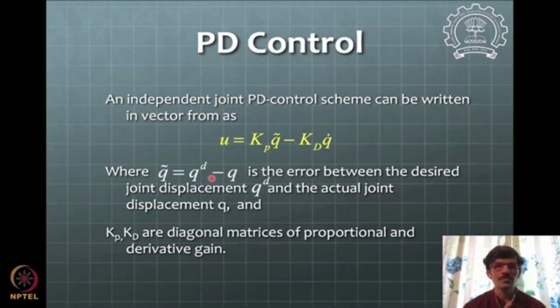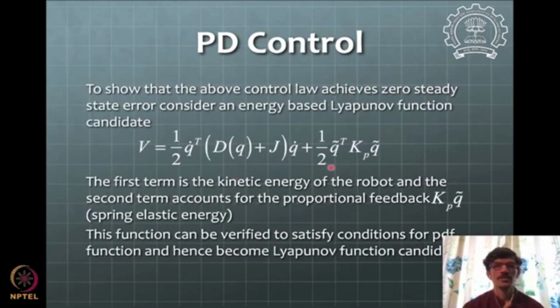So for this discussion right now, Qd is not a function of time, it is a fixed point where we want to go. As we saw, this is a regulation kind of control, not a tracking control. So for this Qd is constant, so Q tilde dot will be equal to minus q dot. That's what we can substitute here.